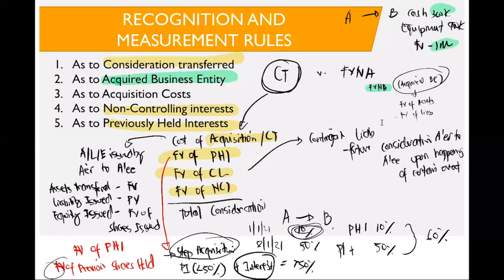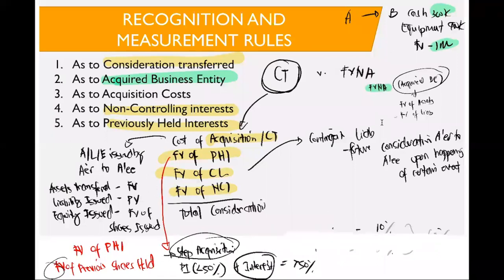Okay? So there will be a future consideration that will be given by the acquirer to the acquiree upon the happening of an event. So how do we get the fair value of your contingent consideration or contingent liability? The fair value of contingent liability is based on its current fair value or the current estimate. Okay. And this particular estimate should be remeasured.